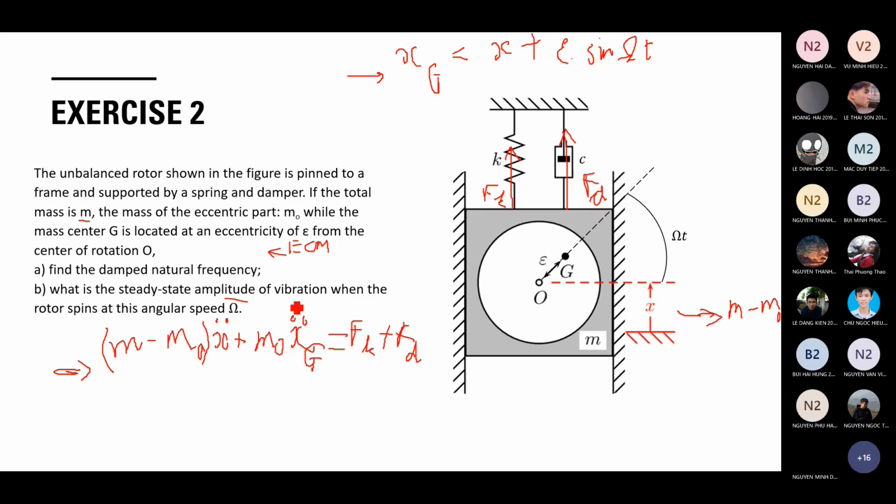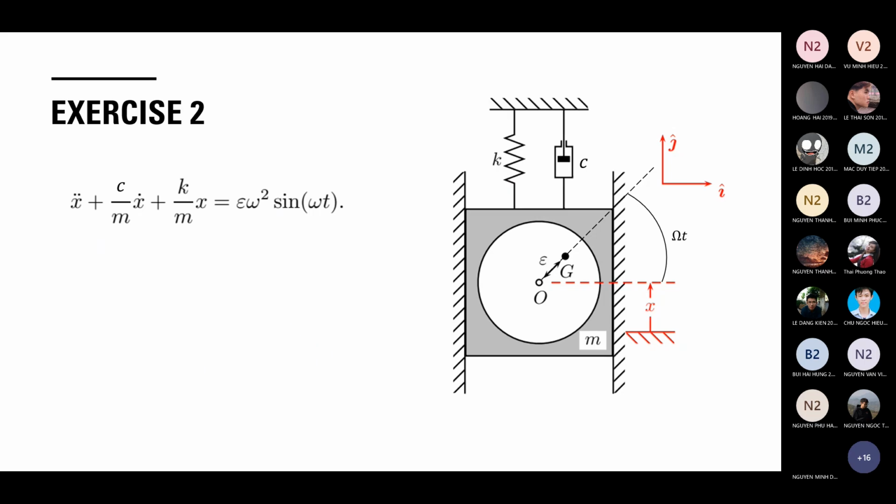After that, you will have the equation of motion of this system like this.